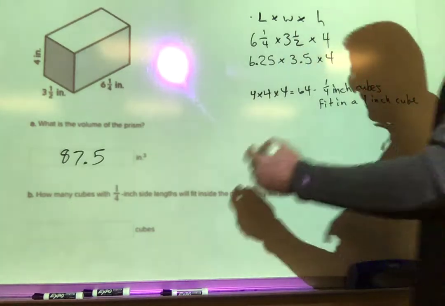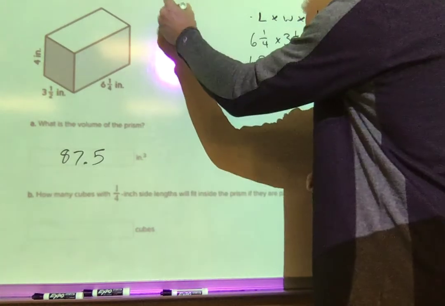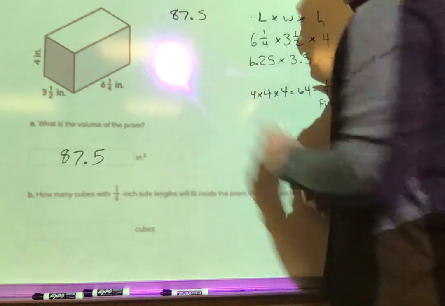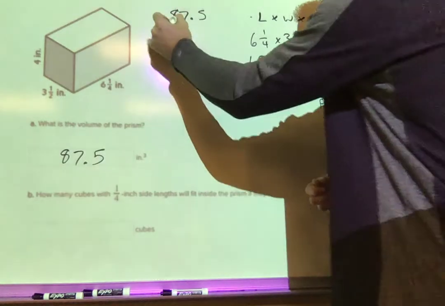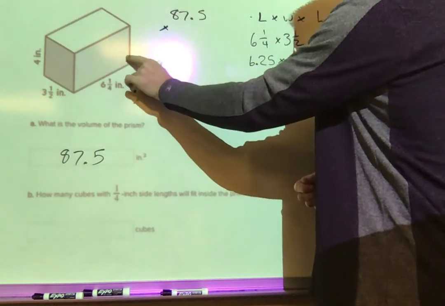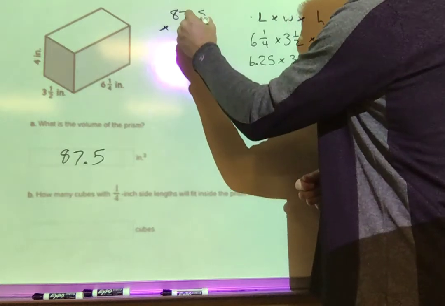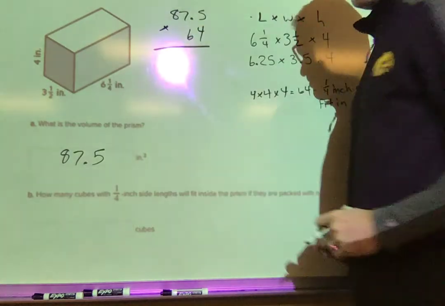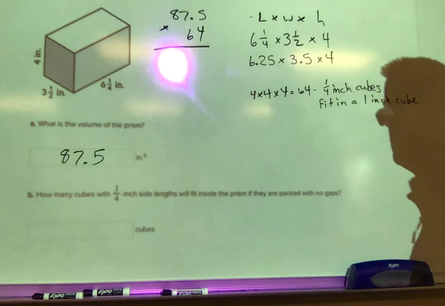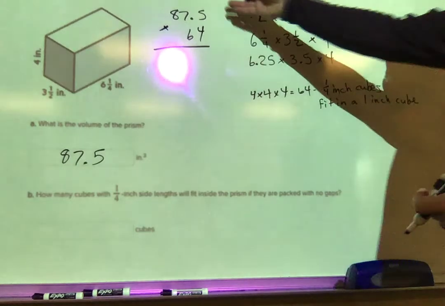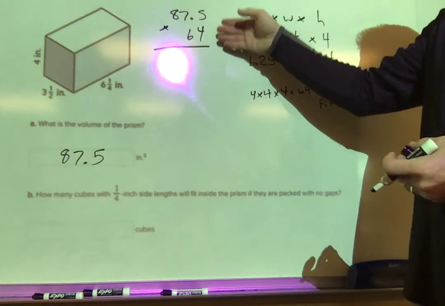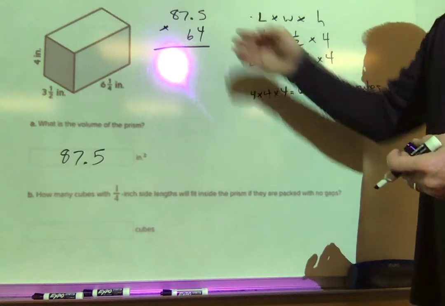So if I were going to do it that way to find out how many 1/4 inch cubes, I could do 87.5. That's 87.5 of those inch cubes that fit in here. But there's 64 of those 1/4 inch cubes that fit in each of those. So I could simply multiply 87.5 times 64.